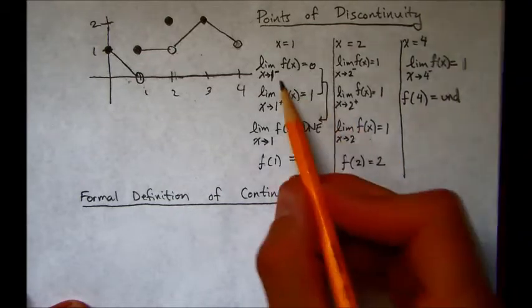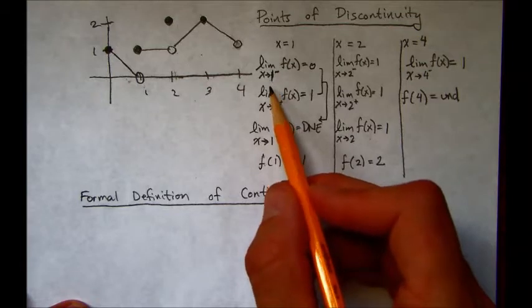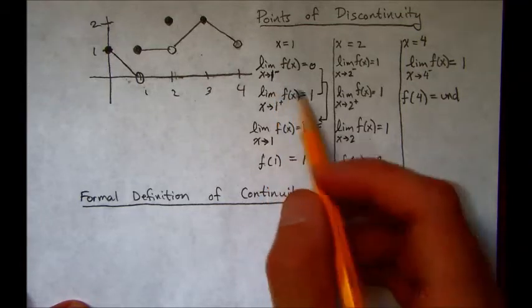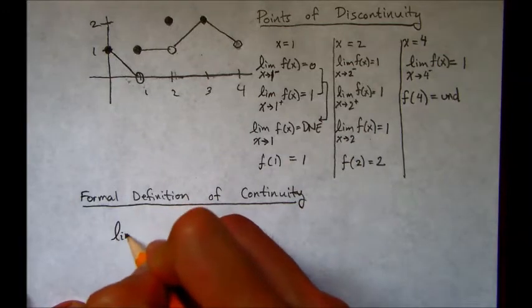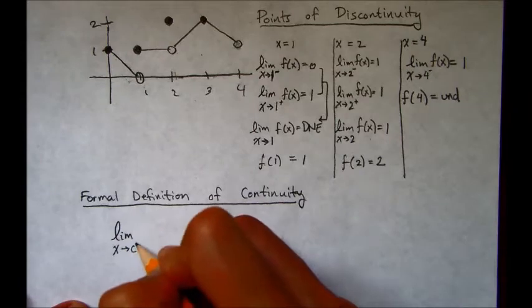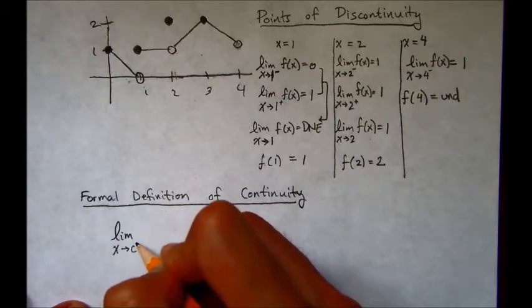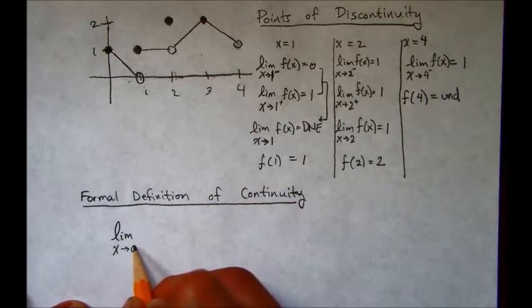Okay, so obviously it's not always going to be a 1 here, right? It could be any value. So we would call that c, like we've done in the past. So we would want the limit as x approaches c from the left and the right to agree.